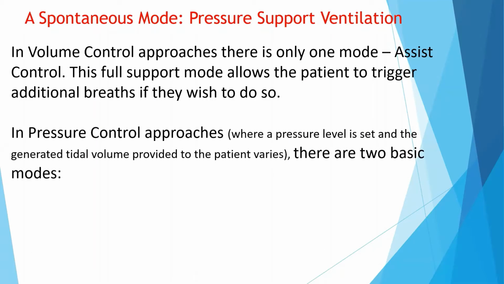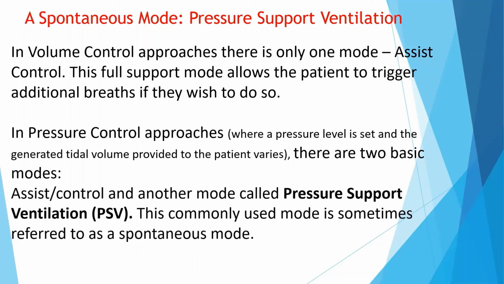In pressure control approaches where a pressure level is set and the generated tidal volume provided to the patient varies, there are two basic modes. One we've already talked about, assist control, and another mode called pressure support ventilation, commonly referred to as PSV. This is a common mode, again, commonly referred to as a spontaneous mode.